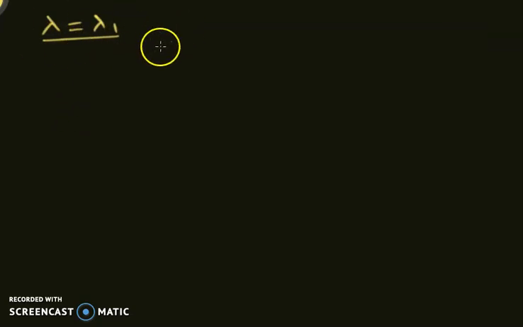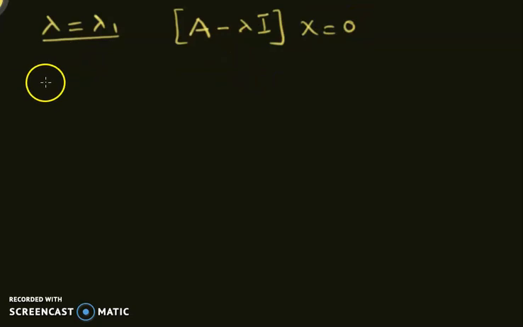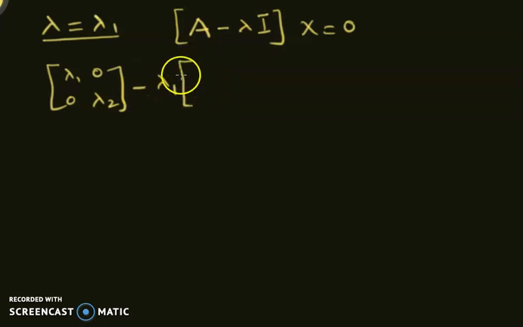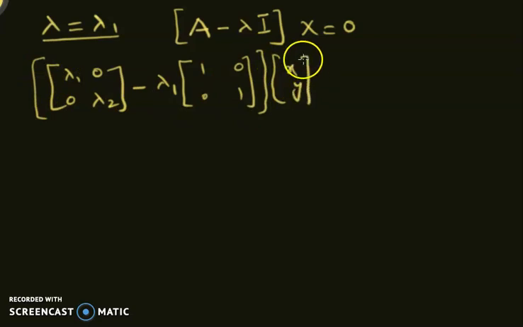We know that for finding the eigenvector, all we do is solve A minus lambda I operating on x to be 0. So let me do this here. My A is lambda 1, 0, 0, lambda 2, and my lambda for this case is lambda 1, times the matrix 1, 0, 0, 1, all of this operating on a vector x, y to be 0, 0.